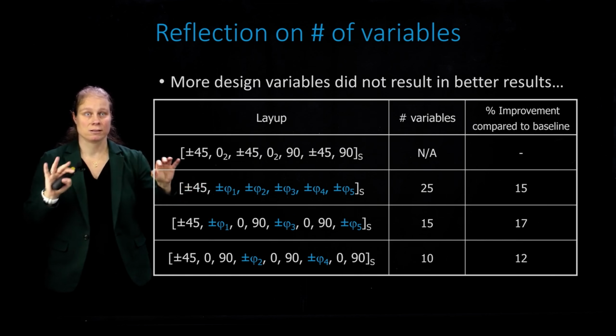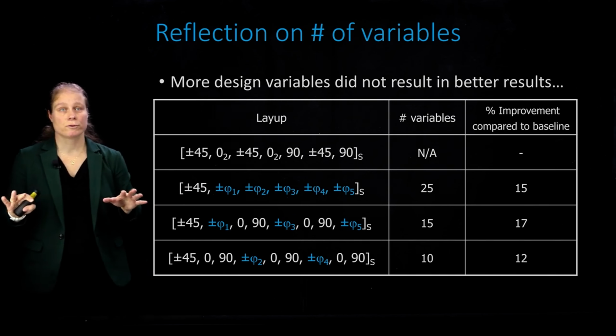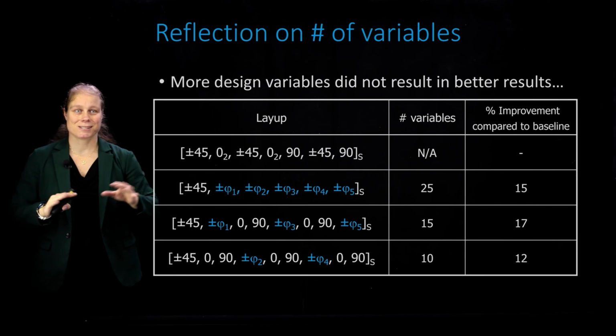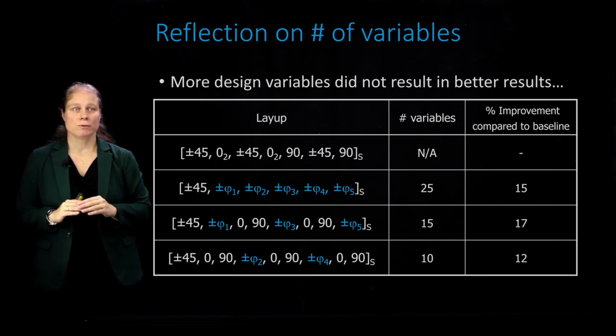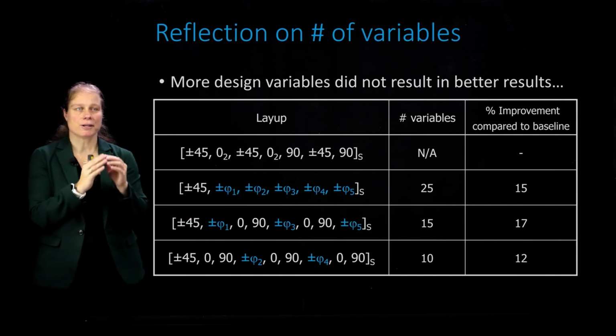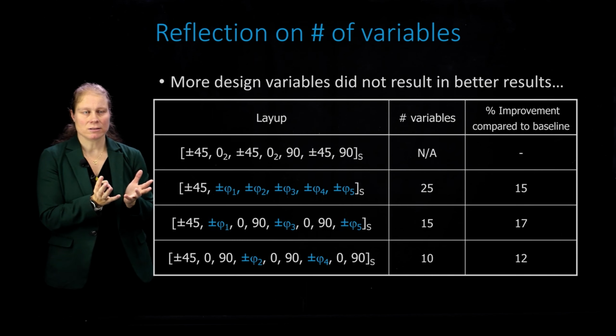They're different design spaces. And one of the constraints, which I didn't talk about in this lecture, was very hard to satisfy with the second option here. But the third one here, the 0 and 90, got me very close to the feasible space, almost by definition.